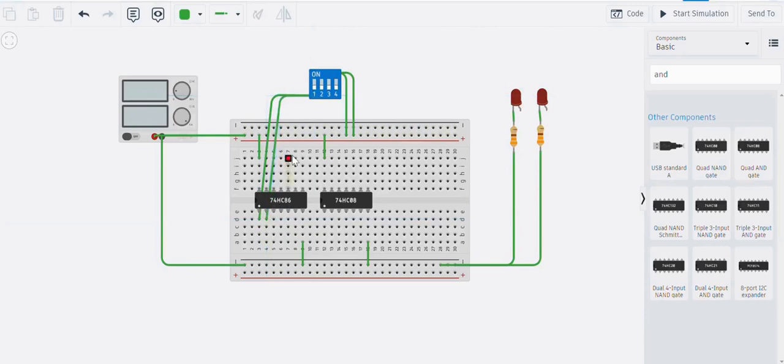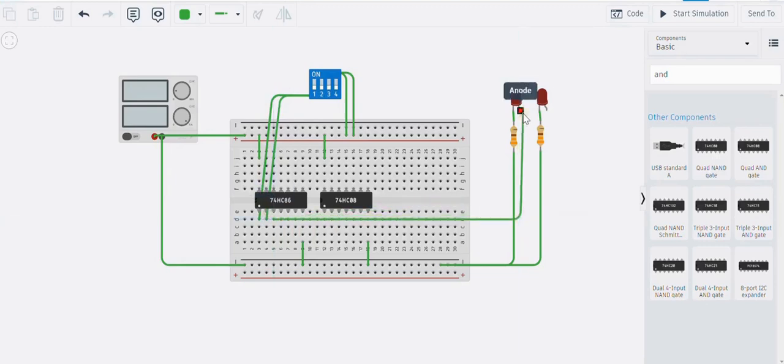Okay, so we gave two inputs here from two different switches. Now here the input 1A is taken from the first switch and input 1B is taken from the second switch, and now we will take the output from here.